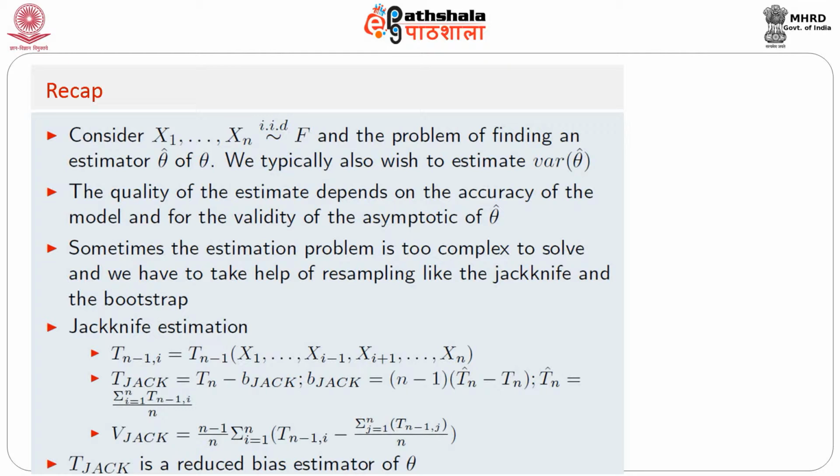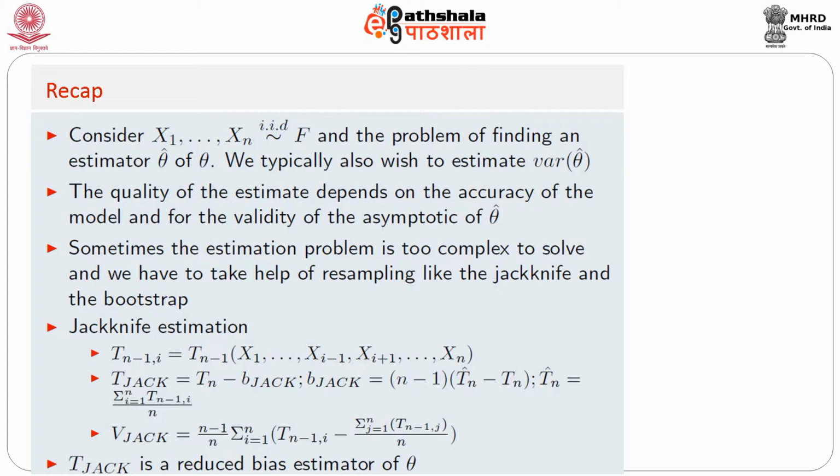The quality of the estimate depends on the accuracy of the model and/or the validity of the asymptotics of theta hat, but sometimes this is really difficult because the estimation problem is too complex, and here we cannot take the ordinary approach. So we have to take recourse to resampling techniques like the jackknife and the bootstrap.